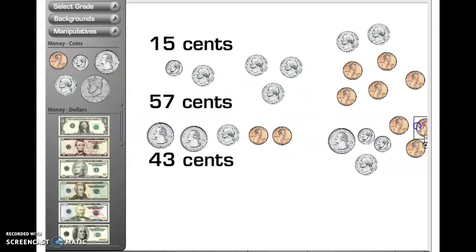Again, here I am representing 57 cents multiple ways. But this first option right here has my least number of coins. This one has 5 coins. This one has 9 coins.